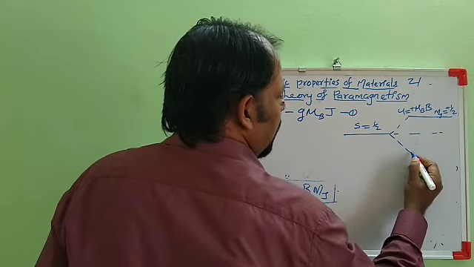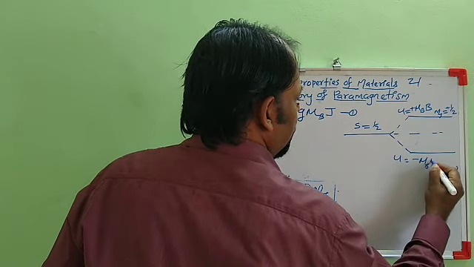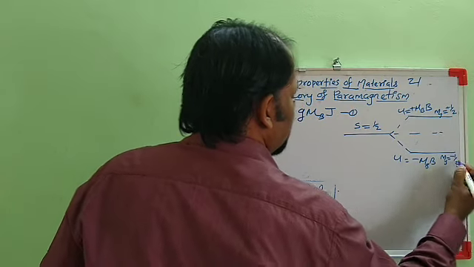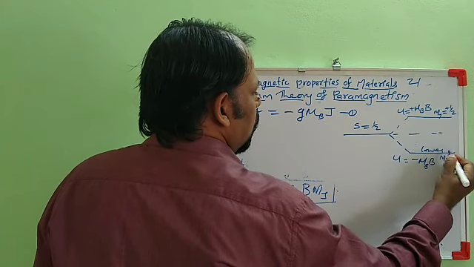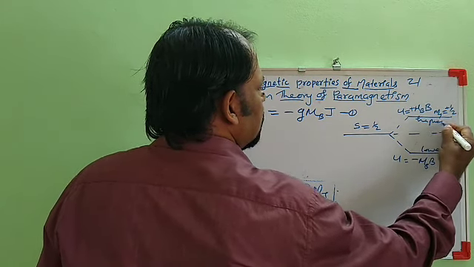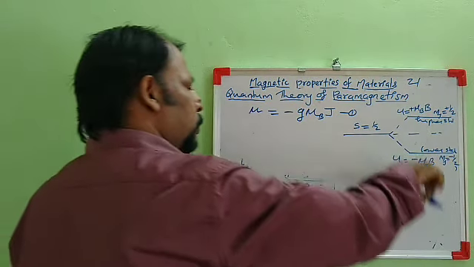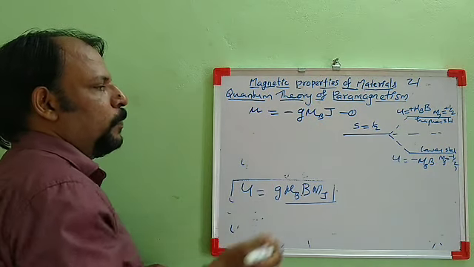Then we will be having another energy level U equal to minus mu B B, that corresponds to Mj equal to minus 1 by 2. So we will be having one lower state and one higher state. So a single level is split up into two energy levels, one upper state and one lower state.